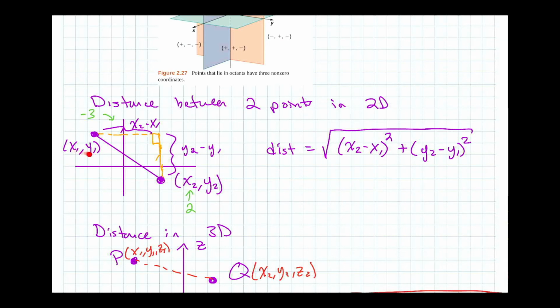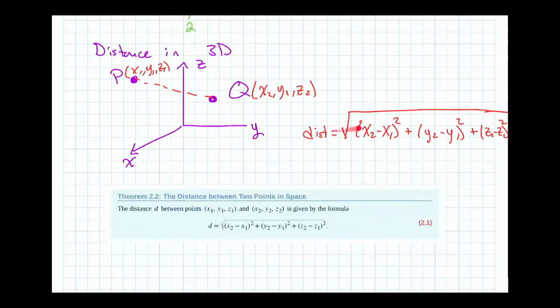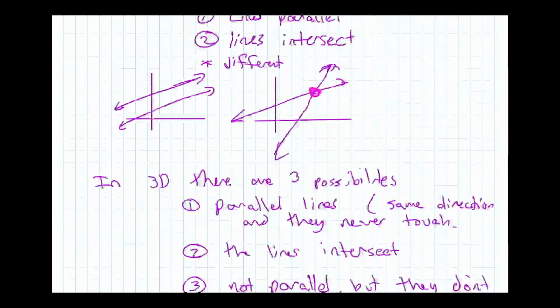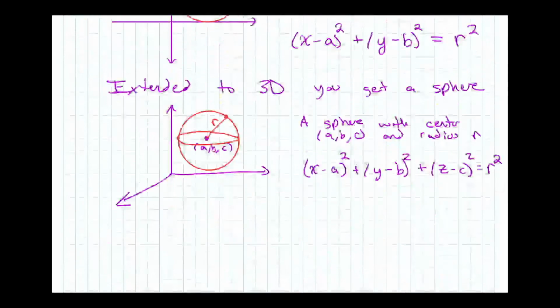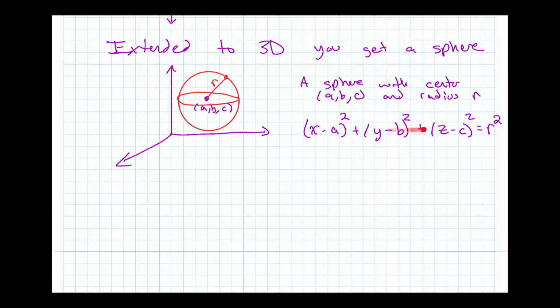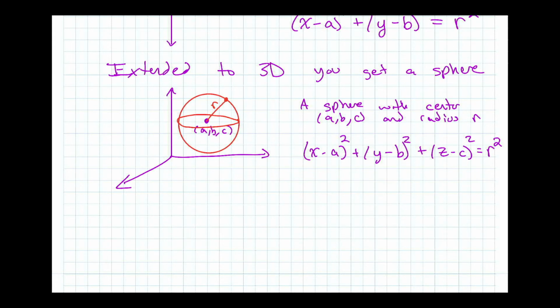So if you call one of the points xy and the other one ab and put a number here, you get the equation of a circle. And same thing here. You can define a circle as being the set of all points a certain distance from the center. So you just get this kind of thing here in the equation of a circle. This is the distance between x comma y comma z and ABC. And it should be the radius. Okay, so that's the equation of a circle or sphere, sorry.